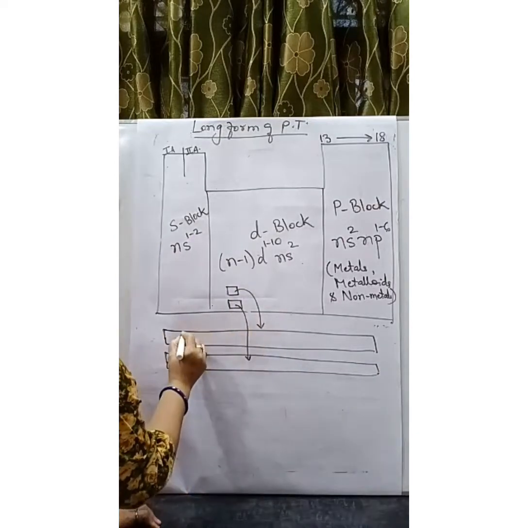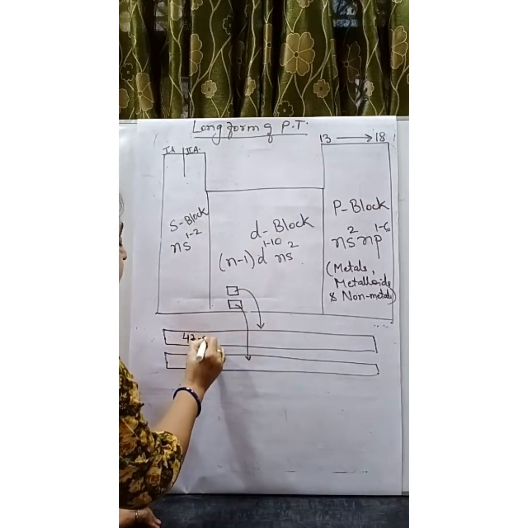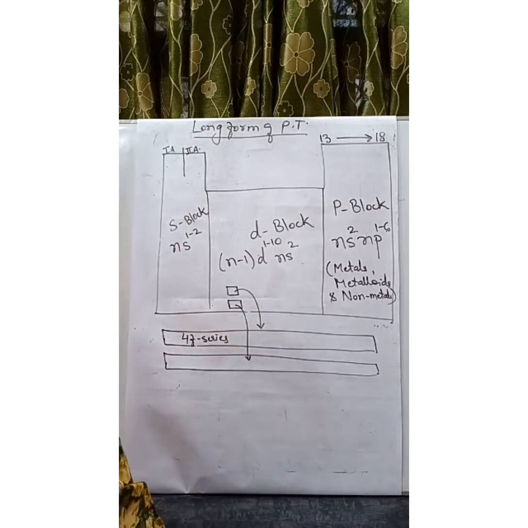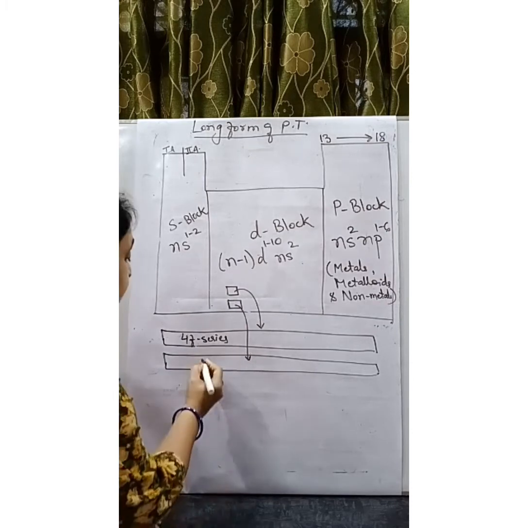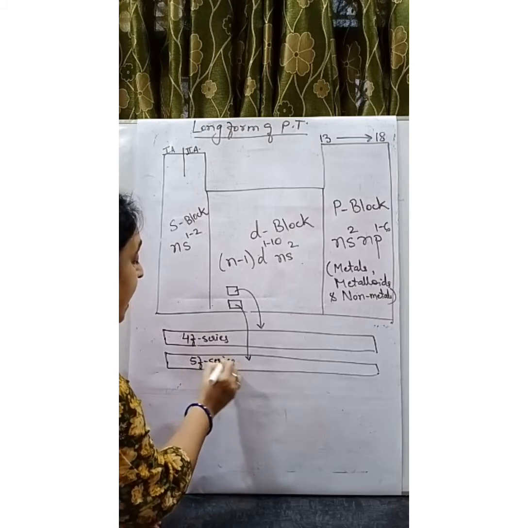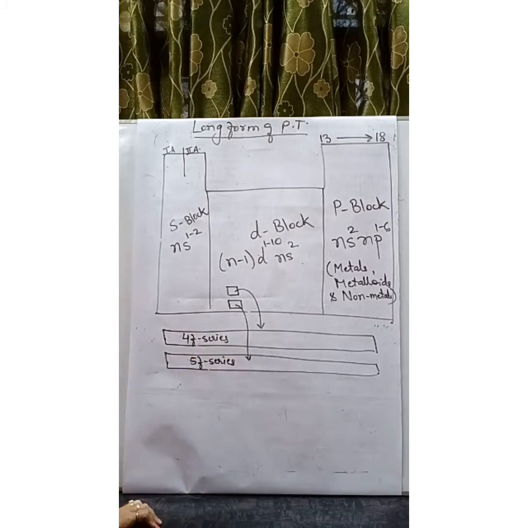This first row is known as the 4f series. Here the last electron enters into the 4f orbital. So they are known as the 4f series. Similarly, the next one is known as the 5f series, as the last electron enters into the 5f orbital.